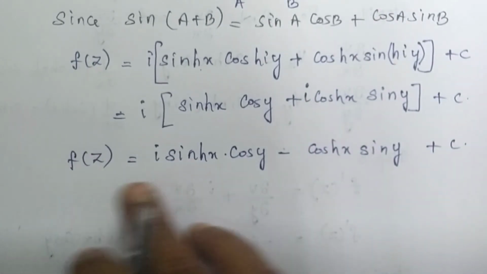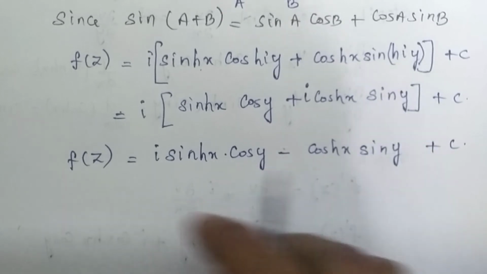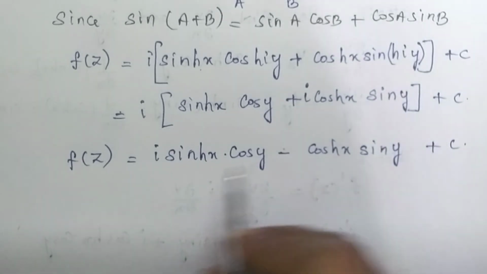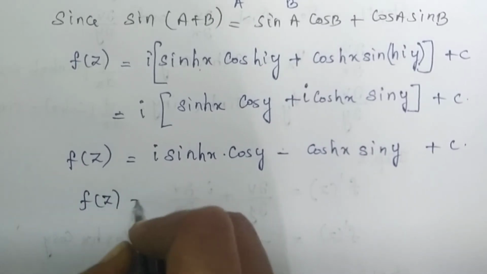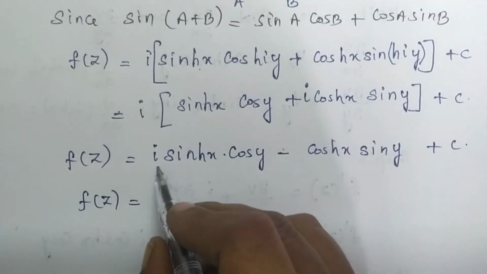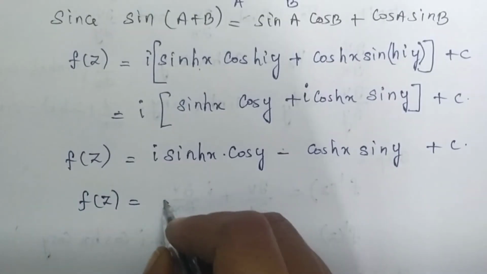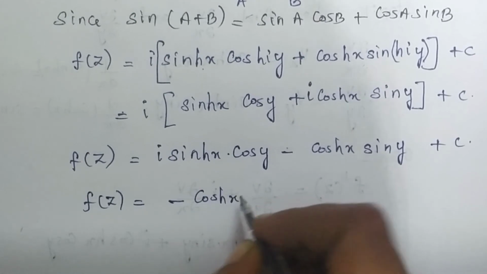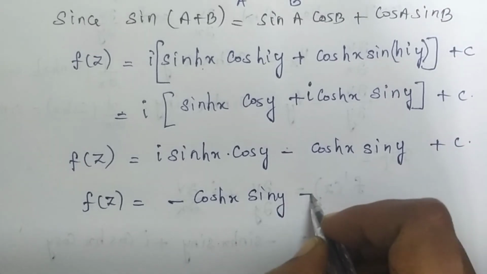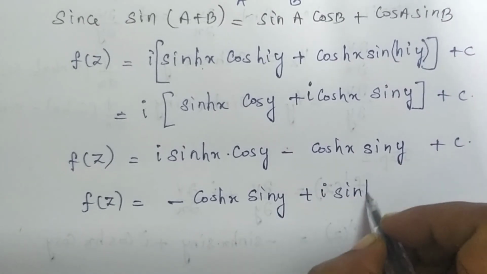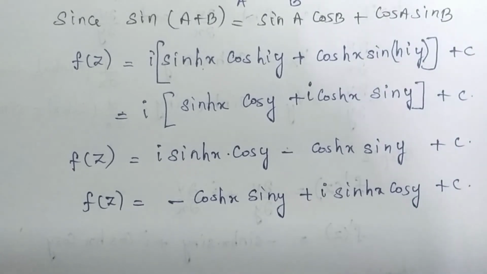So now I have expressed f of z in terms of x and y as well as in the form of u plus iv. Here u is the real part, v is the imaginary part. So f of z is equal to, first the real part. Here we have I, so this is the imaginary part, and this has no I, so this is the real part. So minus cos hx into sin y, first I take the real part, plus I into sin hx into cos y plus some integrating constant c.